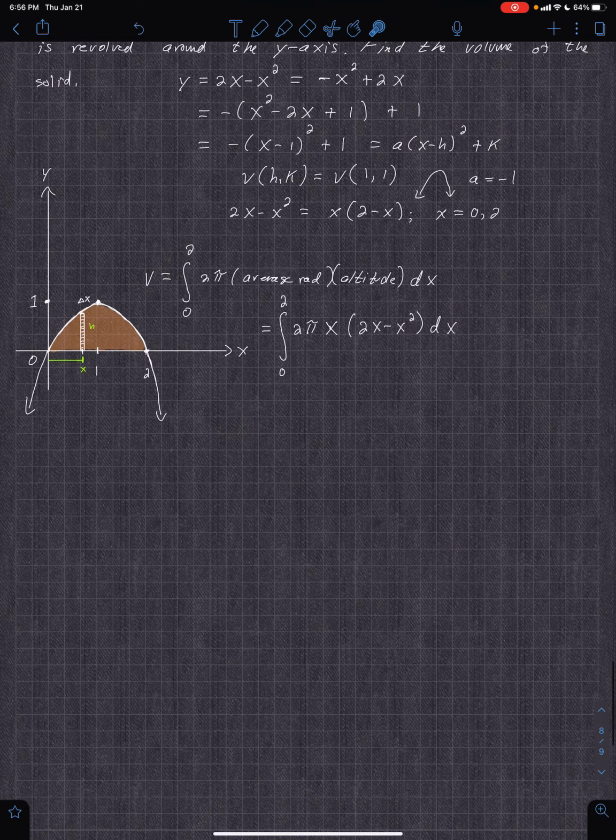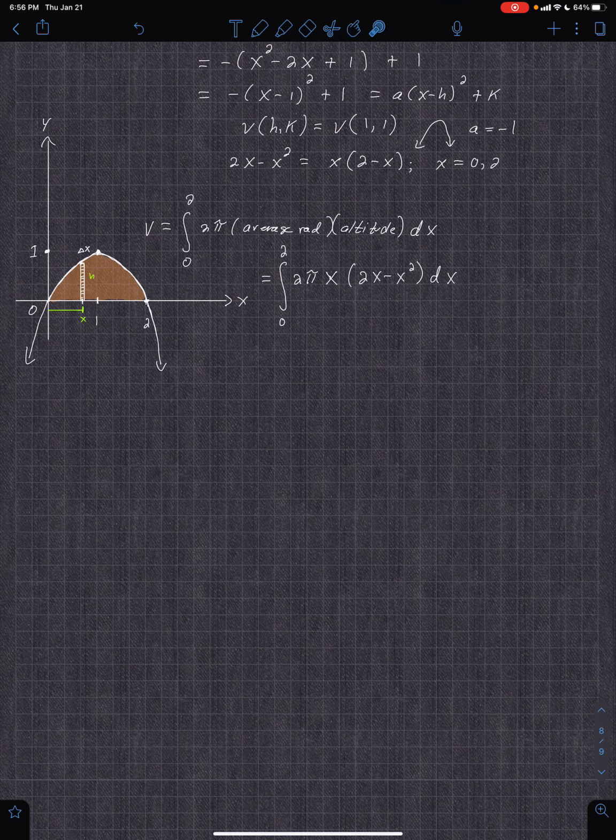Okay, and then let's go through this one. I wanted to show you a couple things here. So we get this is equal to, and then factor out the 2 pi, and let's go and evaluate it. I'm gonna do a couple steps. So 0 to 2, 2x squared minus x cubed dx.